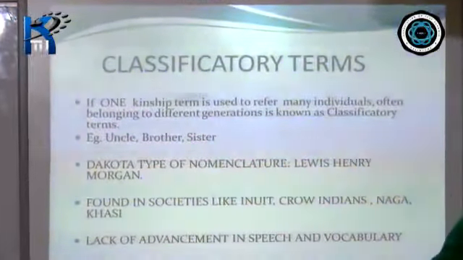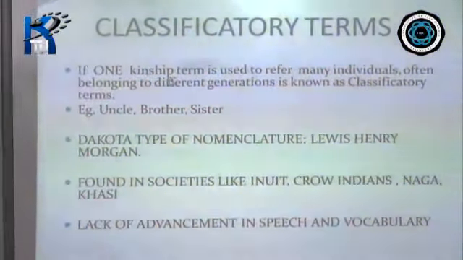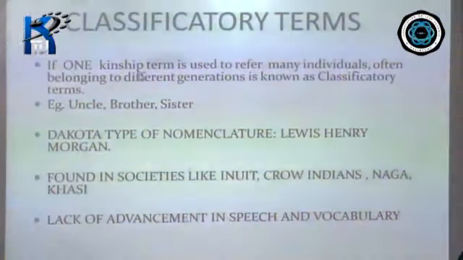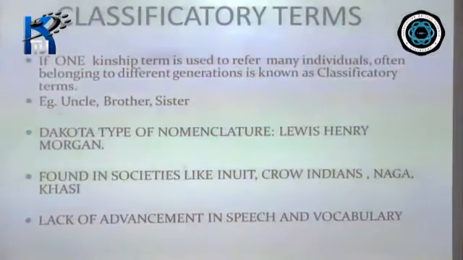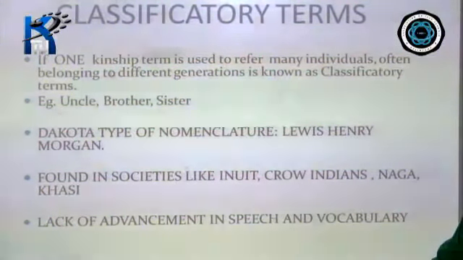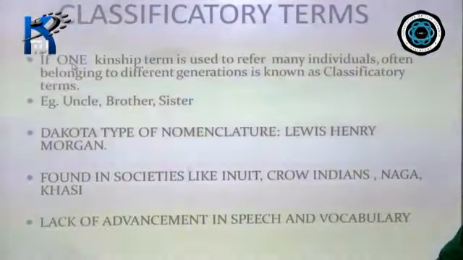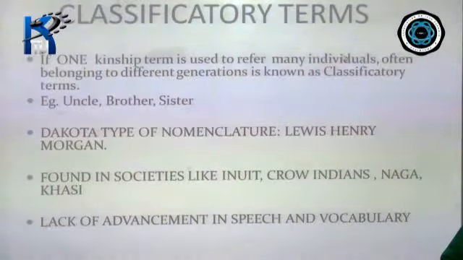Please look at this very carefully. If one kinship term is used to refer to, look at the difference here, only one term, but it is referring to many individuals. One term, many individuals.